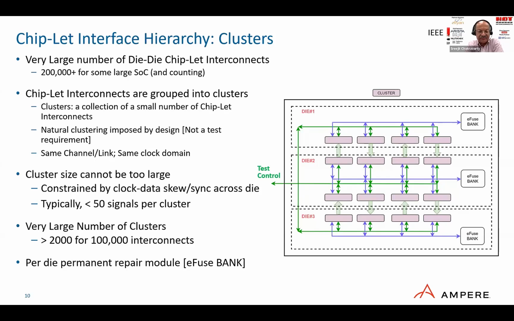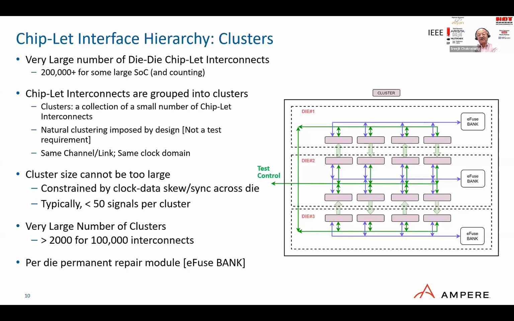The other important thing that I show here is that each of these clusters is repaired. If you think about having 50 signals and not all 50 of them are working, I add maybe 2 redundant interconnects, and then I reconfigure the cluster so that it uses 50 good ones. But the point is that I need to keep track of that repair and reconfiguration.